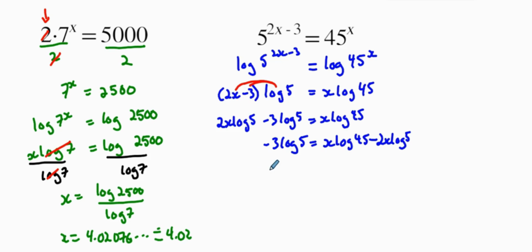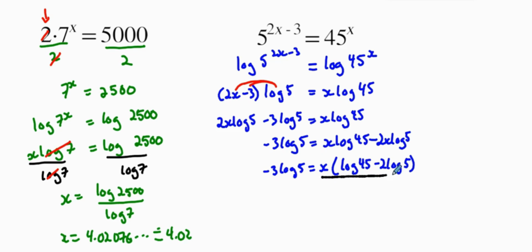That's good. The next step here is I'm going to common factor out my x. So I'm left with log 45, and when I common factor it out of the next expression, it's 2 log 5 that I'm left with. Now, I'm almost done. I have this big bracket mess here, and it's multiplying the x.